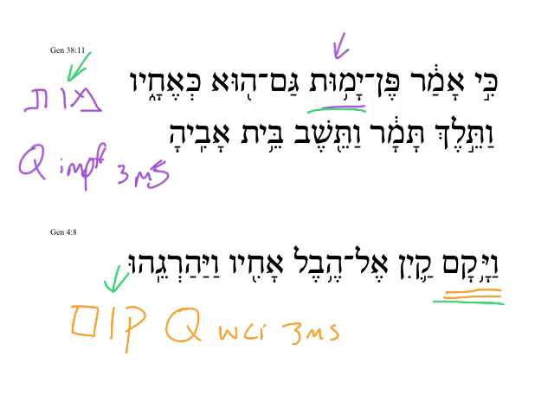However, in the imperfect, it remains in its full form, yamut, but in the vav consecutive imperfect, it apocopates, and we see the hollow nature of the root, and he arose.